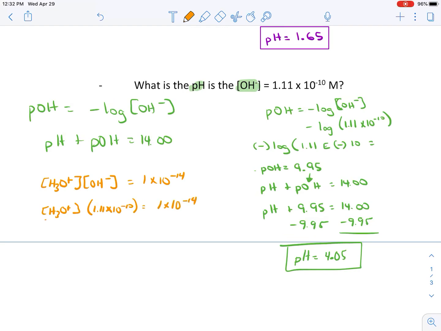If we're trying to isolate the H3O plus, we divide by 1.11 times 10 to the negative 10th. Remember, typing this in our calculator, we need 1 E negative 14, then divide sign, 1.11 E negative 10, and then equals.